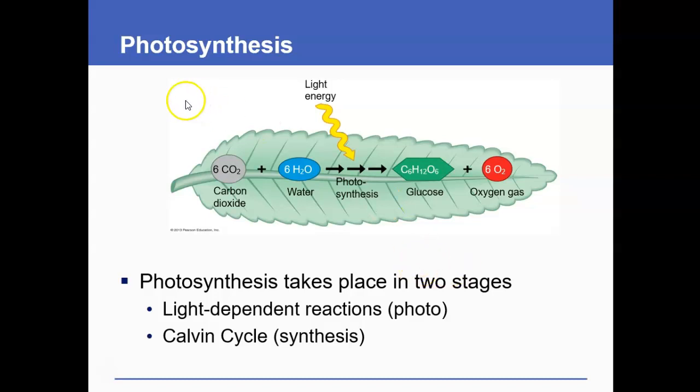And conveniently, the stages are the same as the name. So the first stage is the photo stage, the light-dependent reaction. The second stage is the actual synthesis stage, and that's called the Calvin cycle. So you are going to need to know overall the reaction to describe photosynthesis, and then in depth the mechanisms going on in each of these compartments.